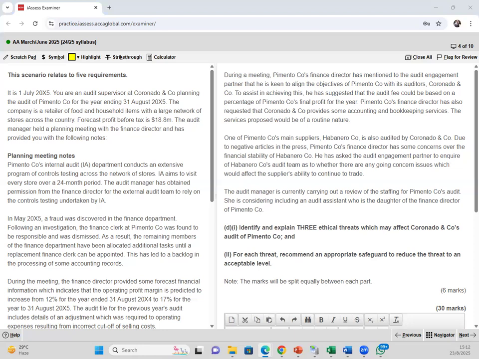Hello. Yes. I've identified an ethical threat, which is a self-interest threat, where the auditors are going to receive their fee based on final profit for the year.